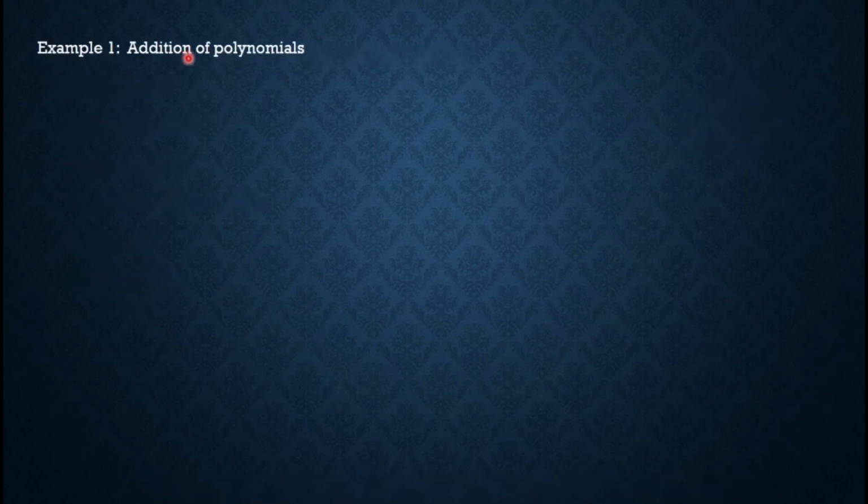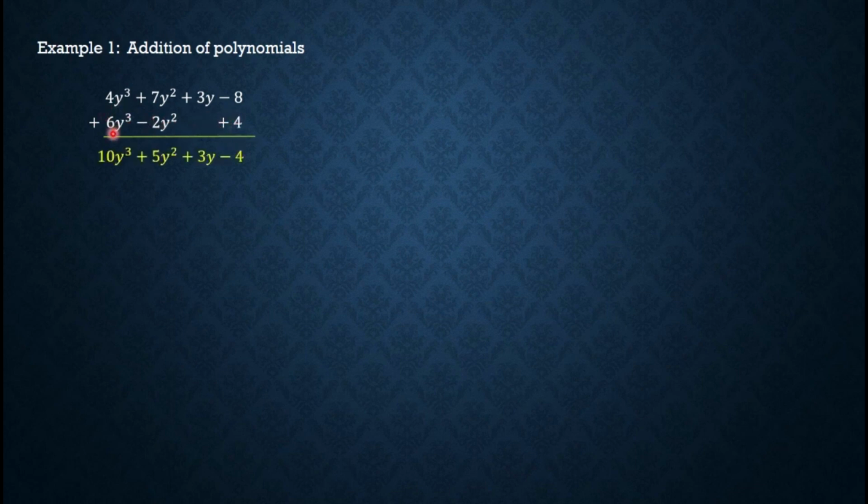Addition of polynomials. Given 4y cubed plus 7y squared plus 3y minus 8 plus 6y cubed minus 2y squared plus 4. 4y cubed plus 6y cubed equals 10y cubed. Positive 7y squared plus negative 2y squared is equal to 5y squared.